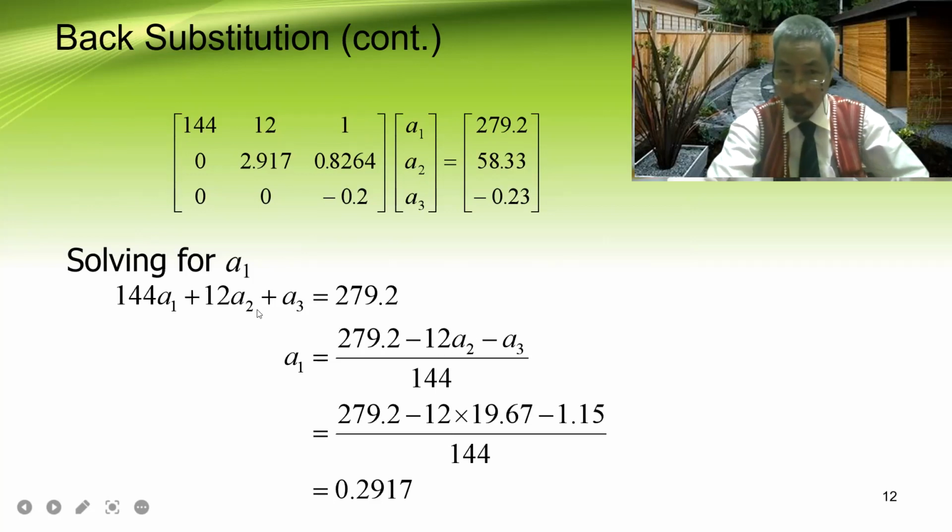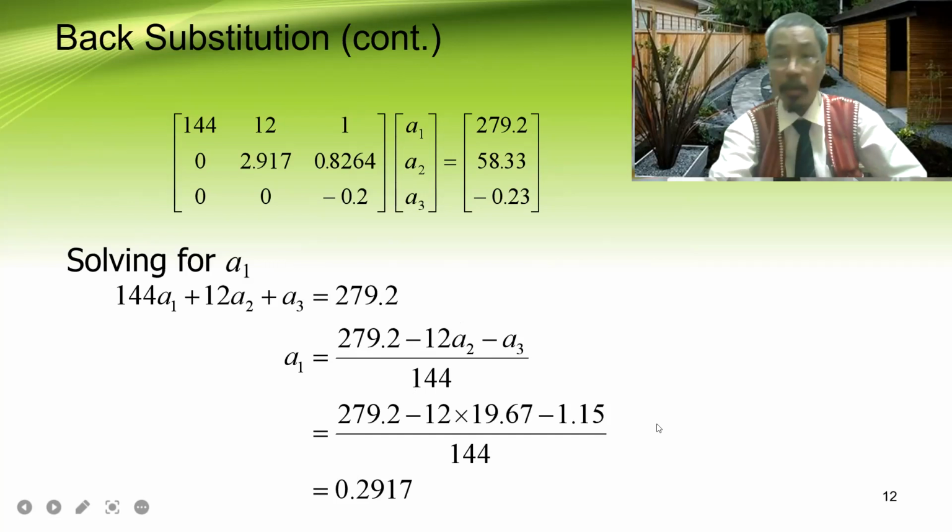They will become negative, and then divide all sides by 144, and then evaluate. So 279.2 minus 12 times 19.67 minus A3, which is minus 1.15, divided by 144 should be equal to 0.2917.